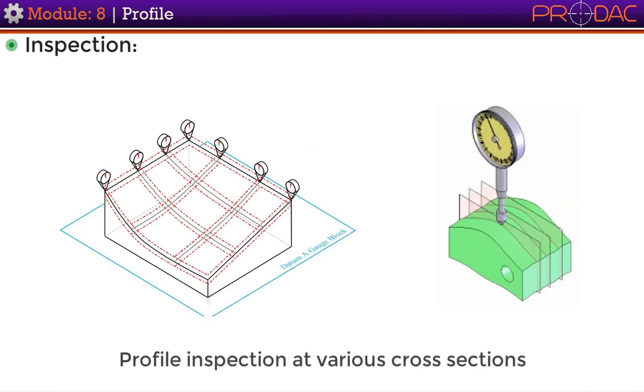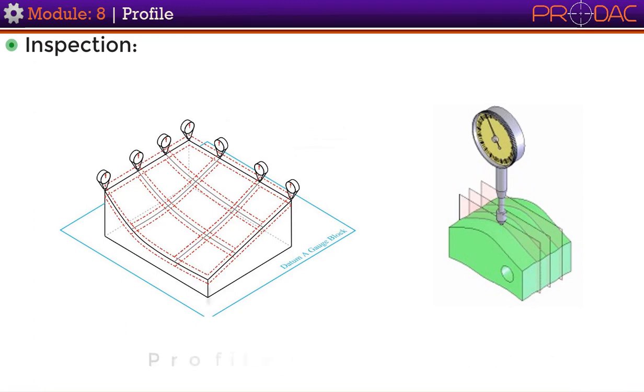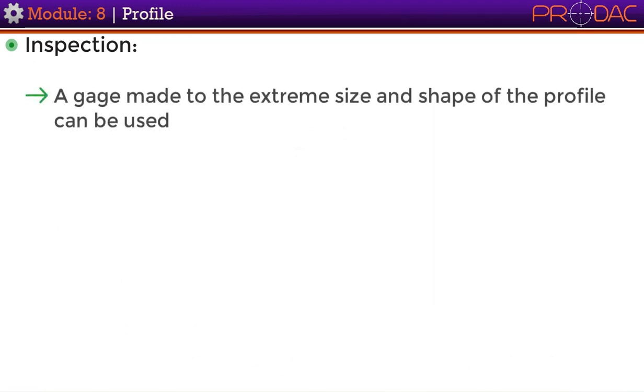Inspection. Inspecting a surface that has been controlled with a profile tolerance can be accomplished in a number of ways. The most common methods of inspecting a profile are listed below. A gauge made to the extreme size and shape of the profile can be used.